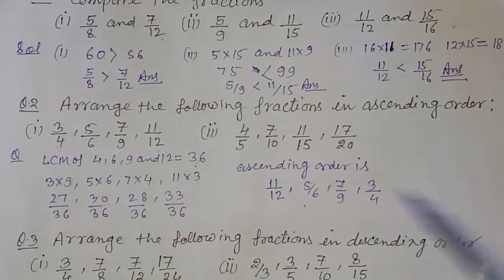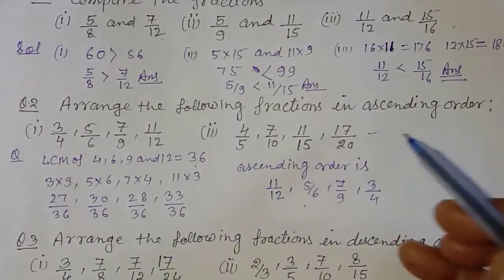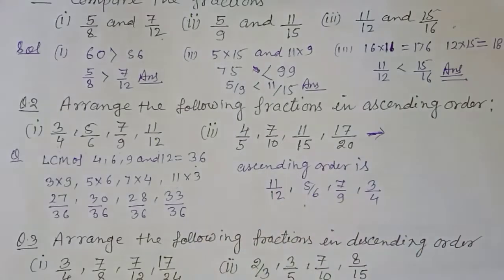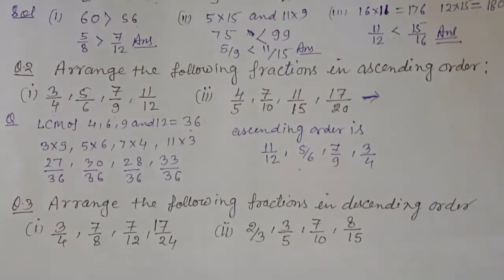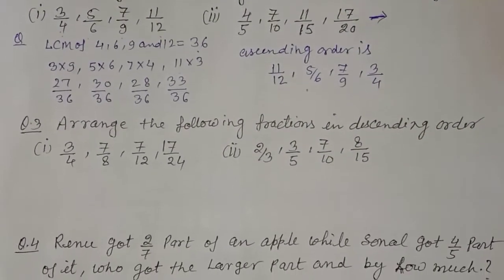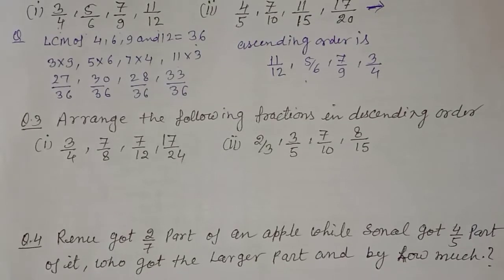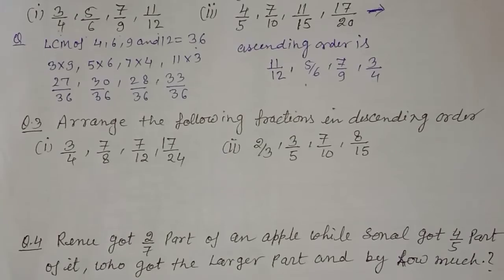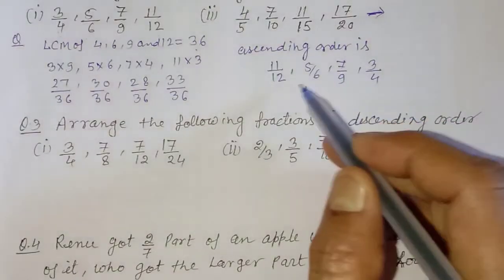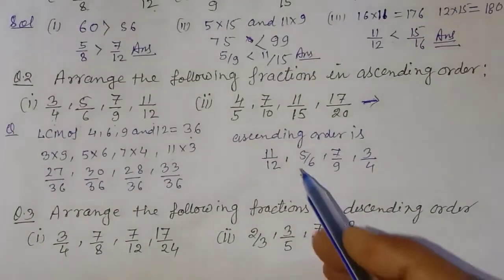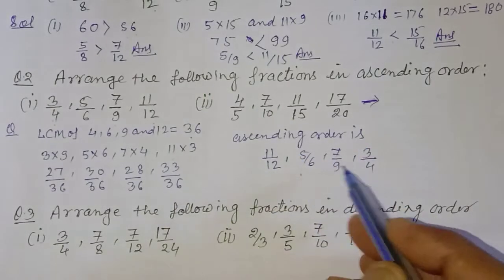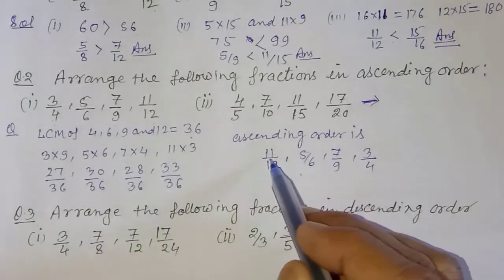Okay students, do it yourself. Now students, question number 3, arrange the following fractions in ascending order. Students, it is not ascending order but it is descending order. Sorry students.